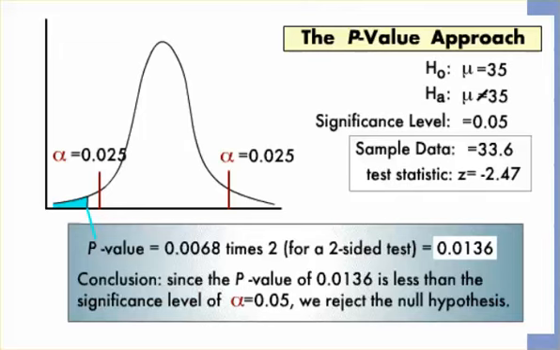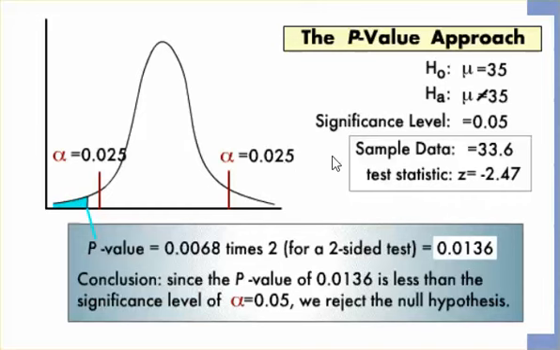In this particular situation, the so-called test statistic, z, is 2.47. If you look at the normal distribution, we have gone 2.47 from our hypothesized mean of 35, and you can see that we have a two-tailed test, so we have 0.025 on the right tail and 0.025 on the left tail.